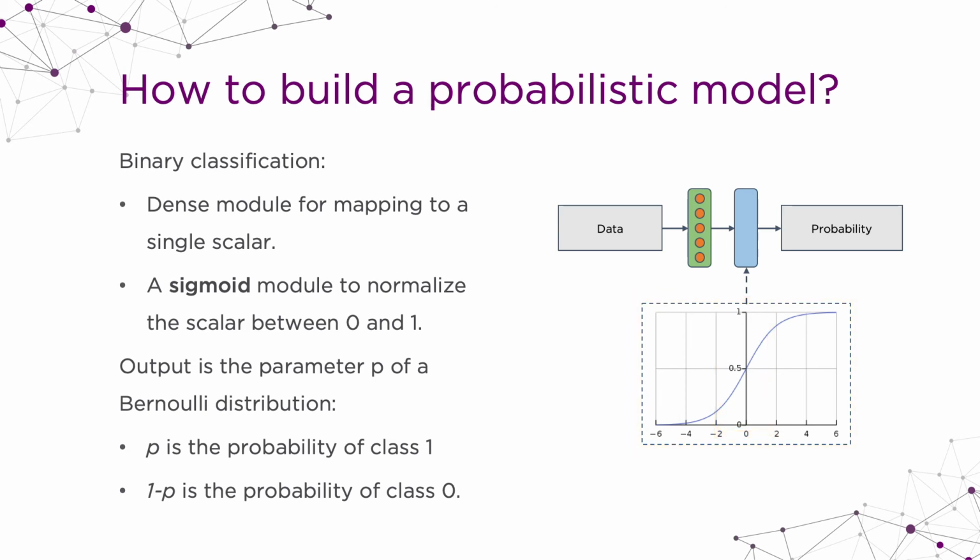This value will represent the probability P of whether there is a cat or not in the image. It will be the parameter of my Bernoulli distribution. So P is the probability of class 1, and 1 minus P is the probability of class 0. So I just converted my very complex architecture into a probabilistic model by adding a sigmoid.